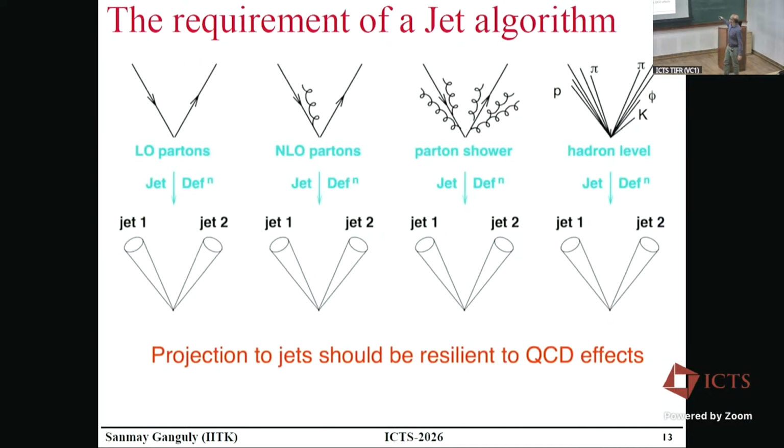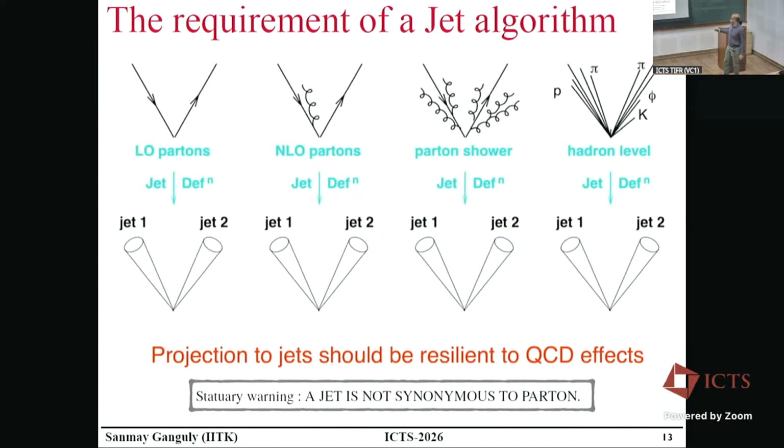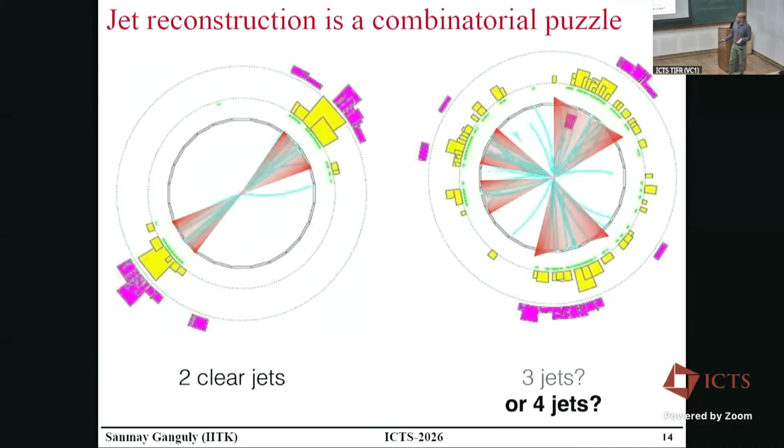And how we club these is something which we will see. We should keep in mind that a jet is not synonymous with a parton, and there are ambiguities of this sort. Let's say in the detector we see this sort of energy pattern. Just by naked eye, you can say that roughly we had two back-to-back hard partons which gave such energy deposits.